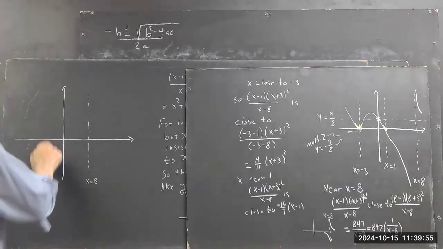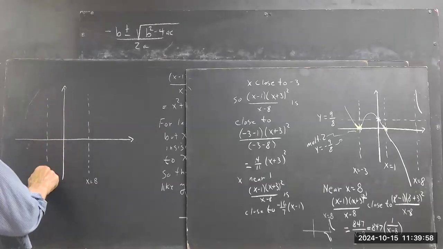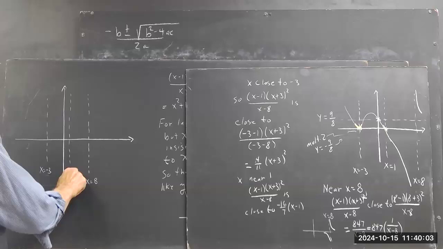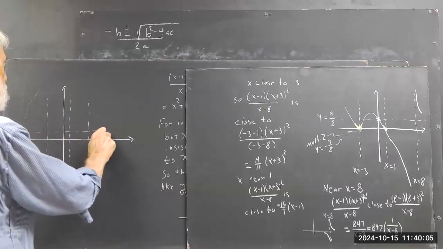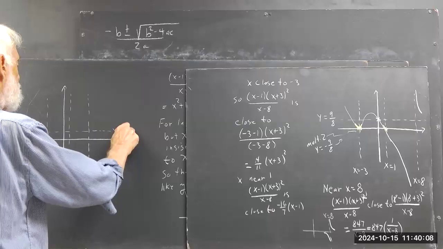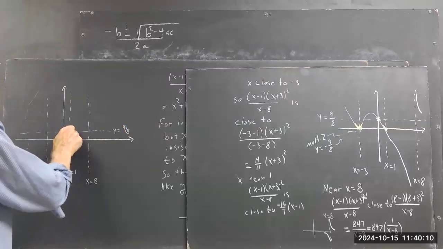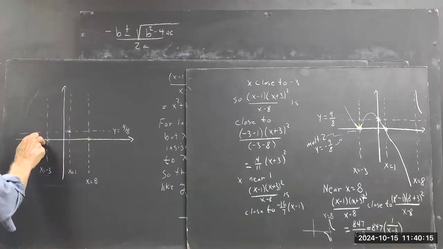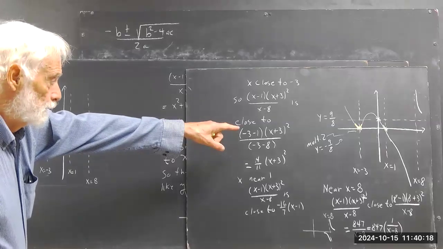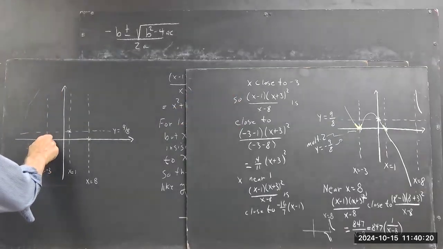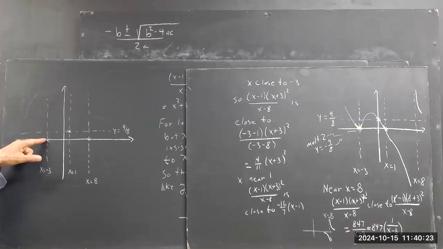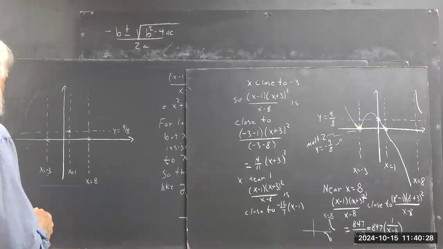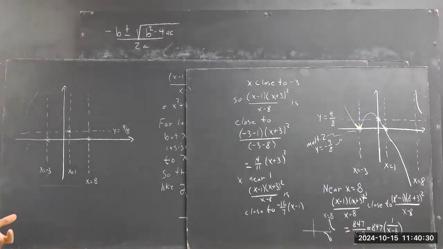And then we have x equals -3 here, and x equals 1 here, and we have y equals 9/8 here. We're going to go through this point, this point, and this point. This point comes about because of the x plus 3 squared, so the graph is going to act like a squaring function here. Overall, you've got this parabola.